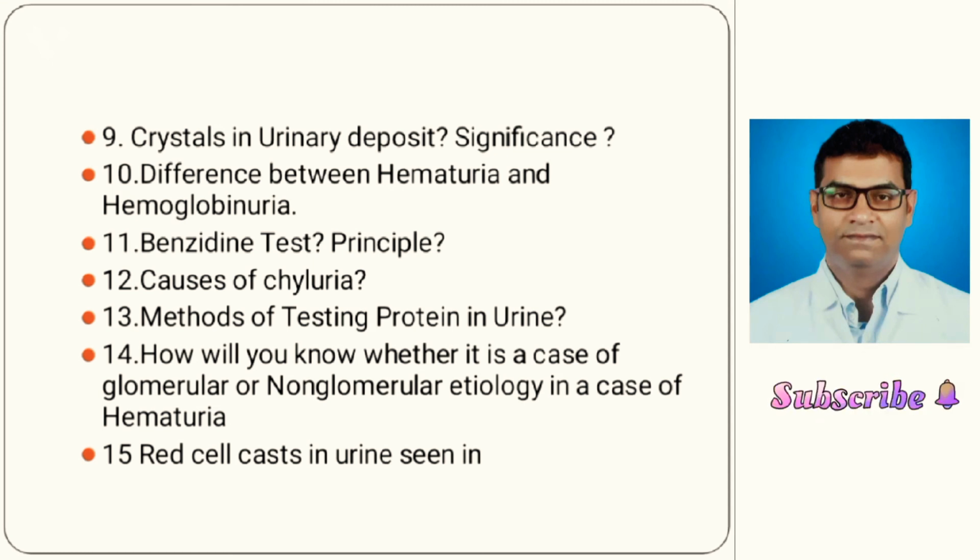What is the benzidine test and what is its principle? The benzidine test is positive both in hemoglobinuria and hematuria. Take 2 ml of urine and add a pinch of benzidine powder, then glacial acetic acid, and then freshly prepared 3% hydrogen peroxide. Dark blue color indicates hematuria or hemoglobinuria.